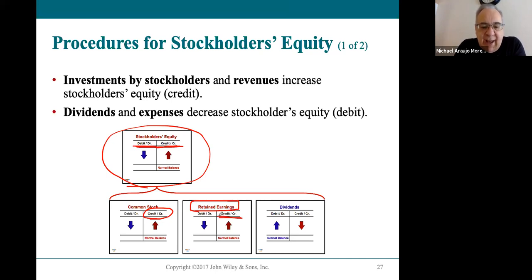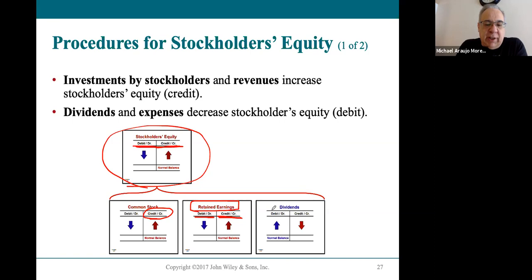So anything that adds to the profitability of the company, revenues in essence, will be showing up on the credit side of retained earnings. But what does that mean about expenses and dividends, which you know decrease retained earnings? Well, they would show up on the debit side, right?